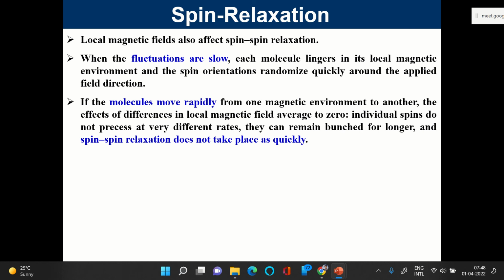If the molecules are able to move rapidly from one magnetic environment to another, then the field averages to zero, and spin relaxation. So this is the situation with the local magnetic field, if the molecules are moving rapidly.